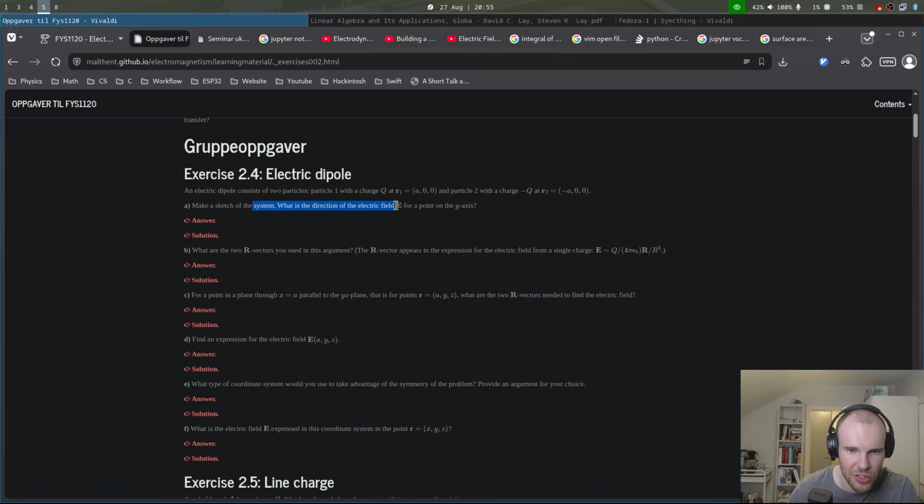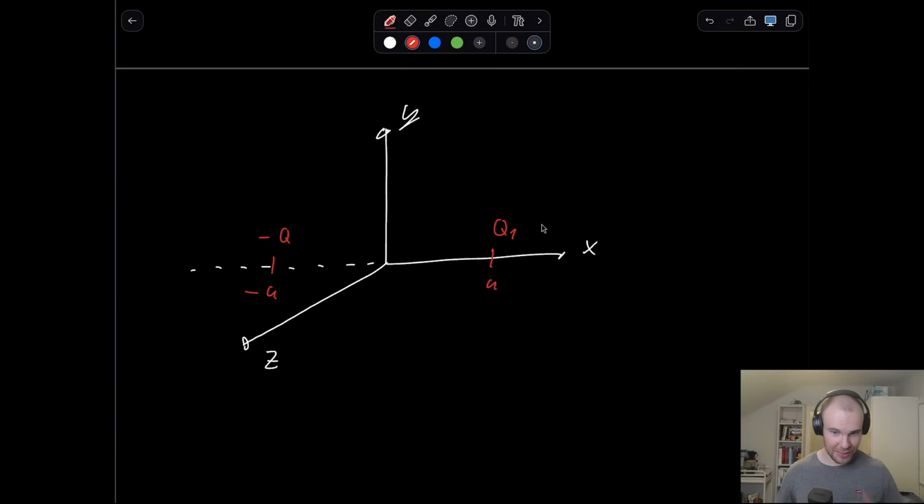What is the direction of the electric field E for a point on the y-axis? So if I choose some point on the y-axis, let's say this point here, this charge right here would push me like this, but this charge right here would pull me like that.